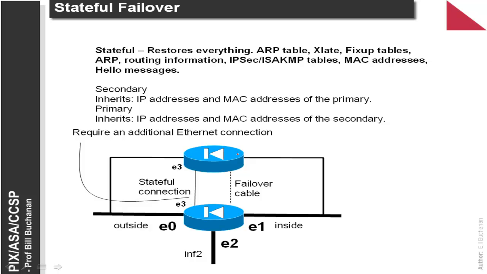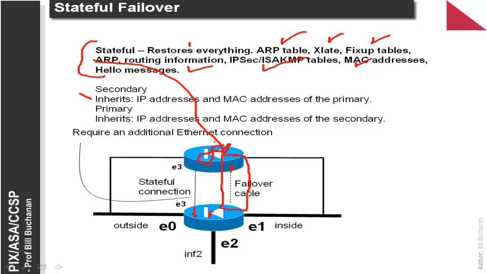We can basically have what's called stateful failover. In stateful failover, the failover cable automatically monitors all the connections that are going on inside the primary and will replicate them in the secondary. The ARP tables, the NAT tables, fixup tables, routing information, IPsec, MAC addresses, hello messages, and so on are all replicated on the secondary.